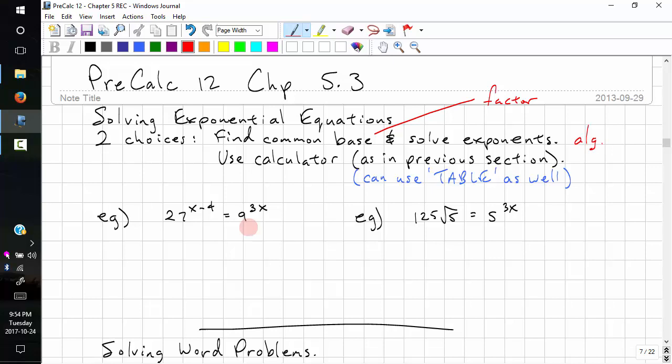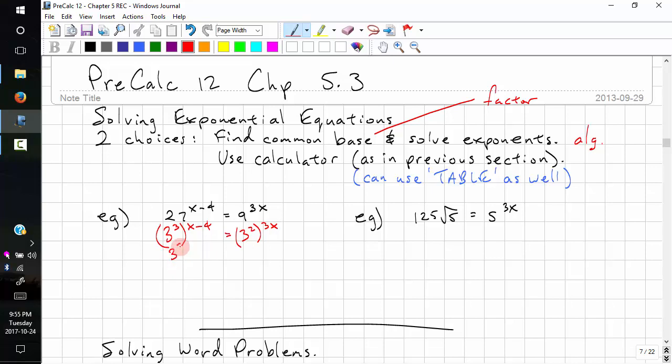So here's an example. These are not common bases, but these have a common base of 3. This is 3 cubed, x to the minus 4, 3 squared, 3x. These are powers of powers, so we need to multiply the exponents.